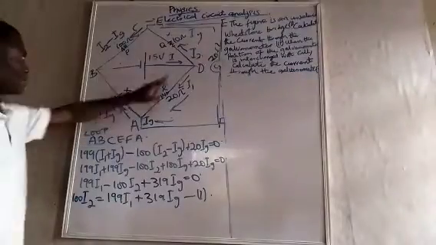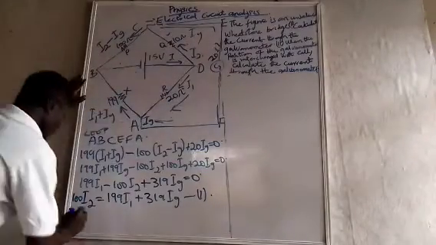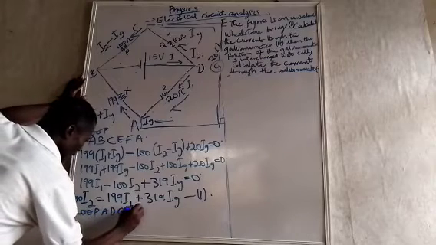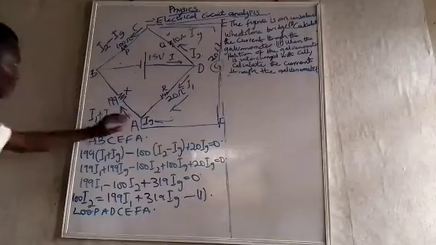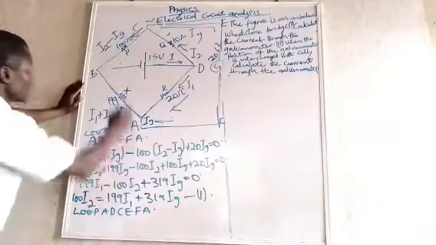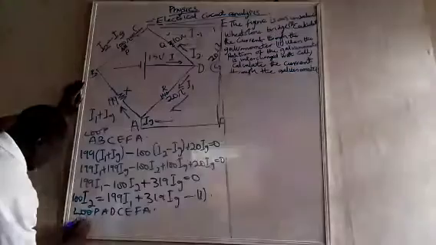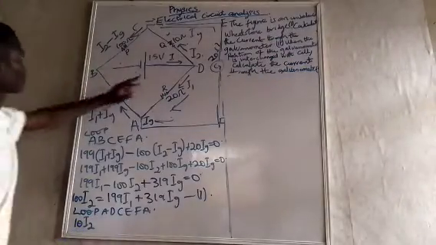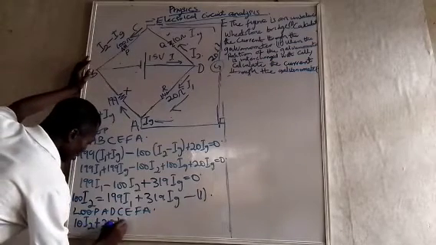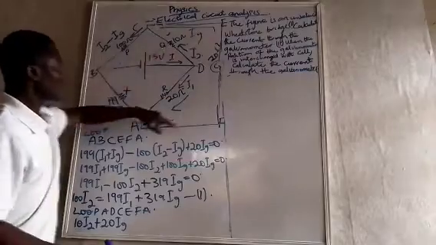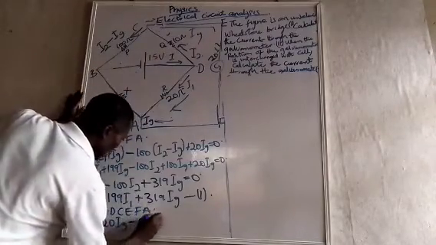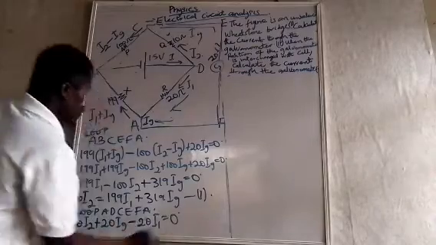Let's look at loop A, D, C, E, F, A. You can see that it flows down like this, and this one goes up. So let me take the first part. That is 10 I2 plus 20 IG minus 20 I1 is equal to 0.